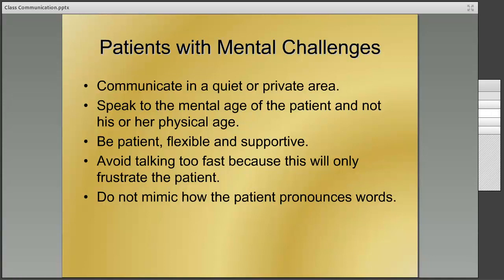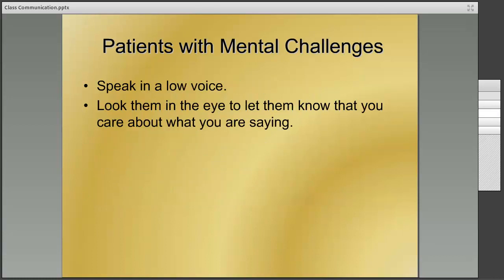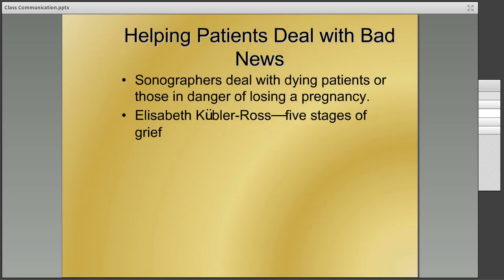So you want to keep things in a calm environment, and you do need to be patient, flexible, and supportive. Be gentle with them, give them eye contact, and hopefully that will be what the recipe calls for.